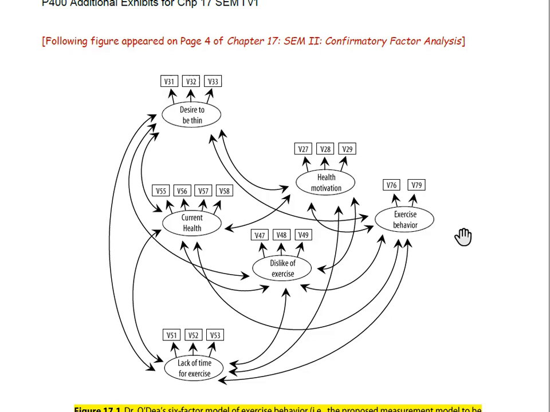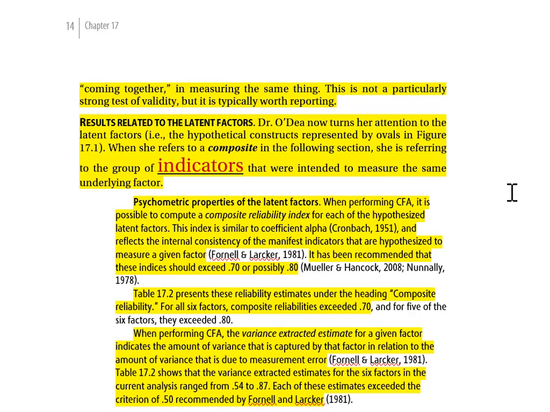First page of the handout shows the confirmatory factor analysis model. One of the latent factors is represented by this oval for exercise behavior. One of the latent factors is represented by this oval for health motivation. How good are the psychometric properties for this factor, and so forth? That is what we turn to now on page 14.